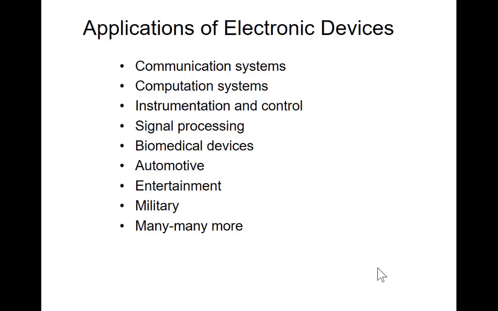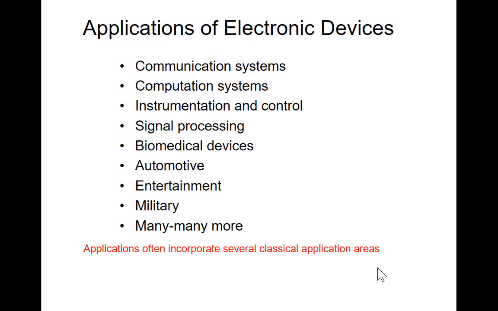If you look at where electronic devices are applied: communication systems, computing systems, instrumentation control, signal processing, biomedical, automotive, entertainment, military, and many, many more places that we use these types of devices.